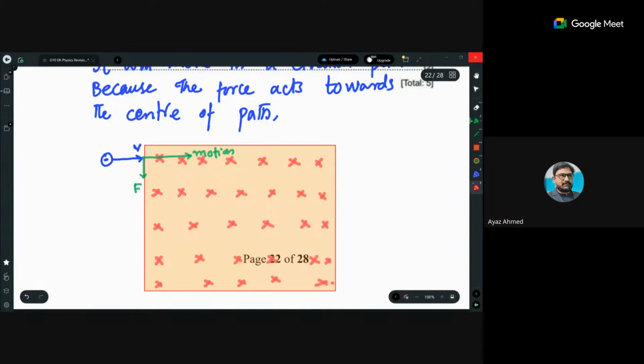Due to that, it will make a settlement and move in this direction. This is the deflection, you can say. Then at this point, the actual direction of motion is in this way. But here, can you apply the thumb rule, please? It would have a force in this direction. Okay?